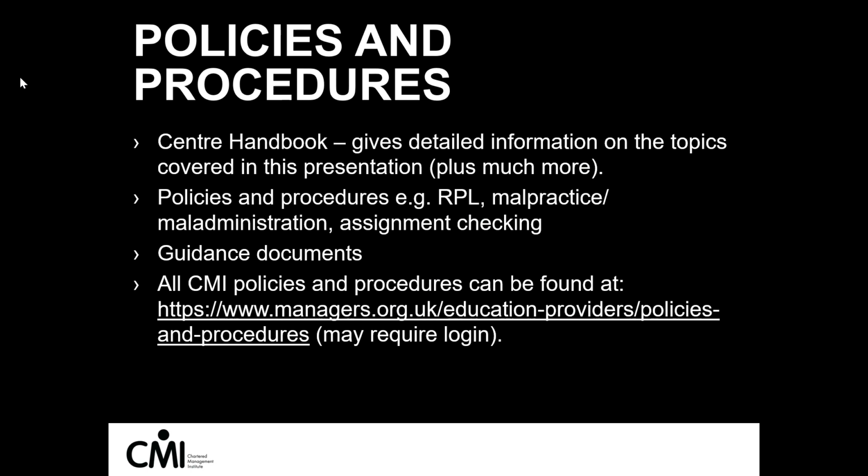Information on the Policies and Procedures section includes detailed information on the topics covered in this presentation. Policies and procedures such as recognition of prior learning, the malpractice and maladministration policies and many others. There's also guidance documents as well. There's a link here for where CMI policies and procedures can be found as well.